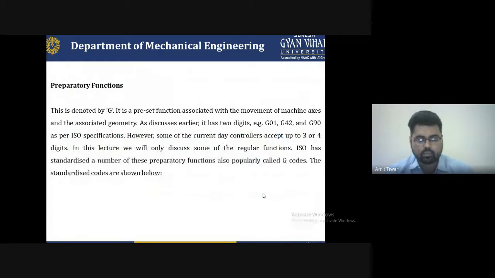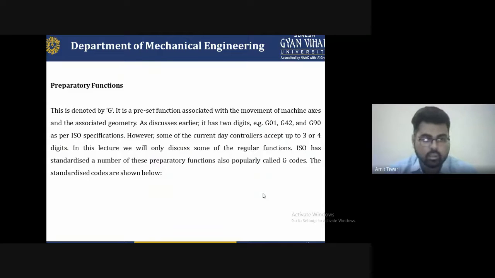This code is denoted by G, and it is a preparatory function associated with the movement of the machine or the associated geometry. As discussed, it has two digits, for example G01 and G02, and G90 as per the ISO specification.